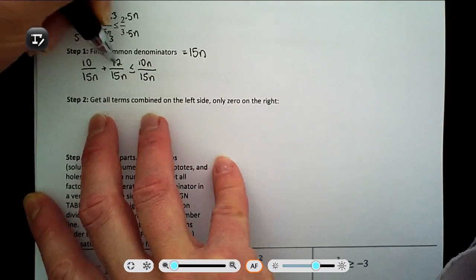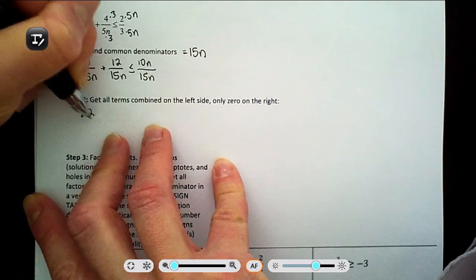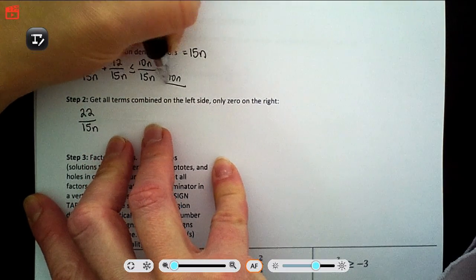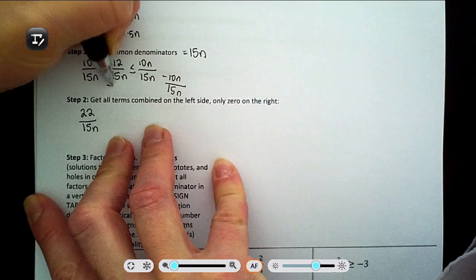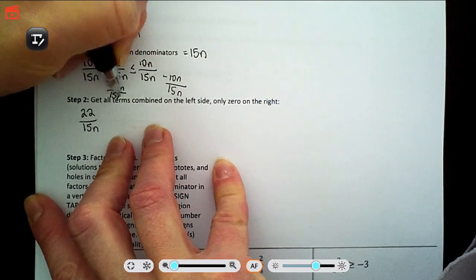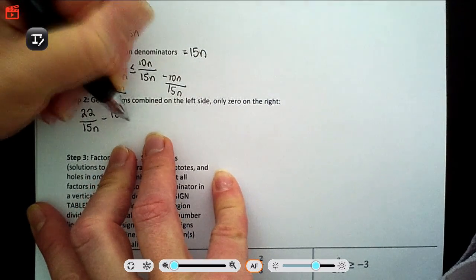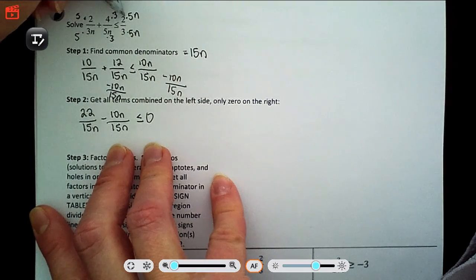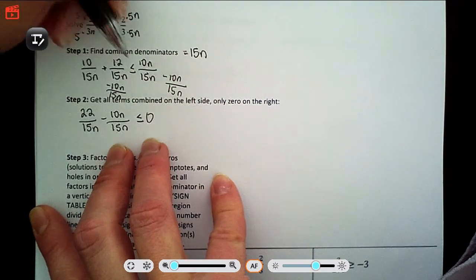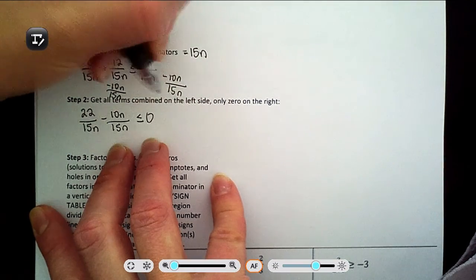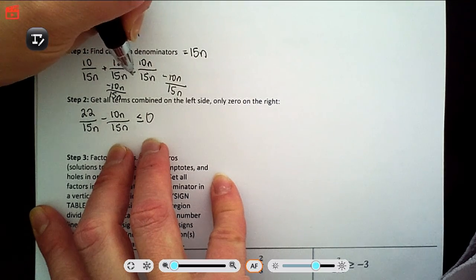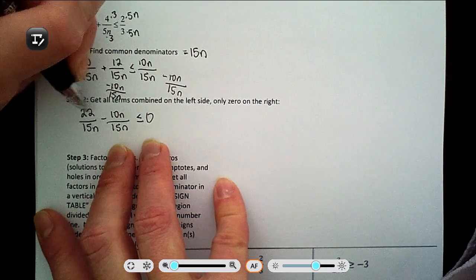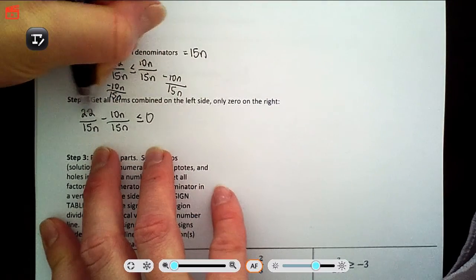So 10 and 12 is simply 22 over 15n, and I'm going to subtract 10n over 15n over. And it's still less than or equal to, and now it's 0 on that side because of me subtracting the 10n over 15n over.